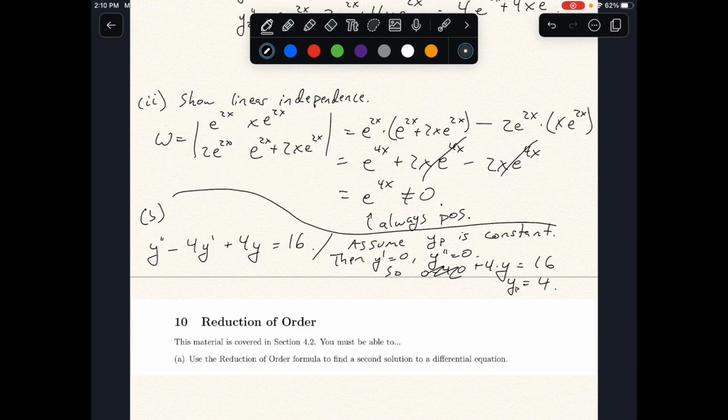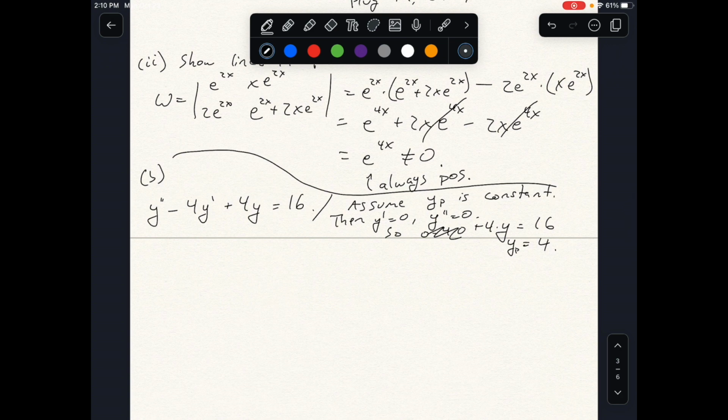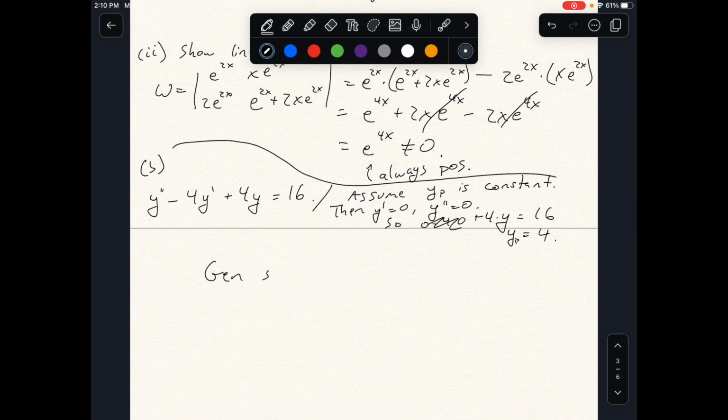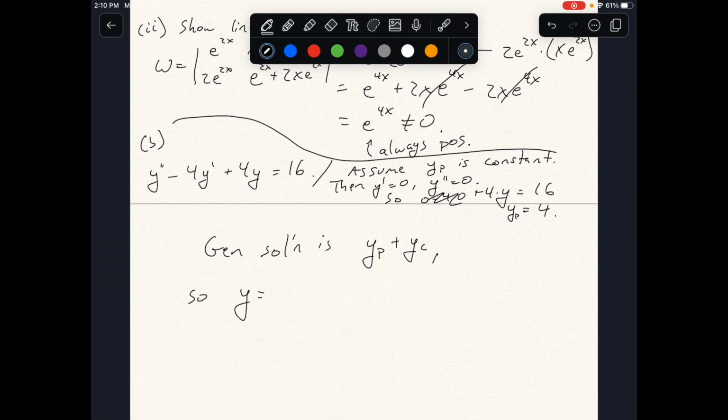And then your general solution is your particular plus complementary. So that would be 4 plus whatever our complementary solution is.